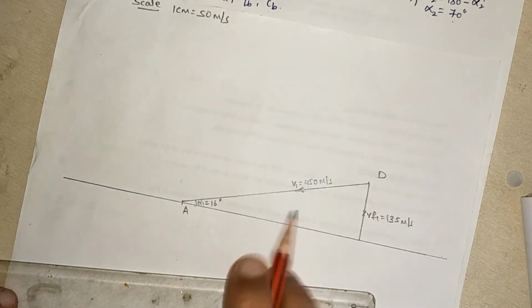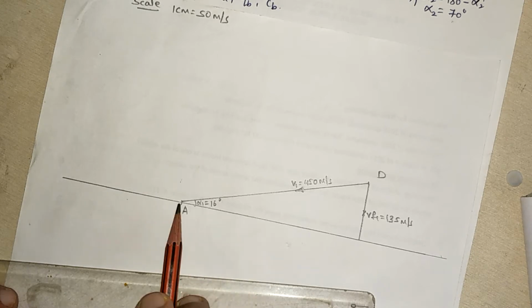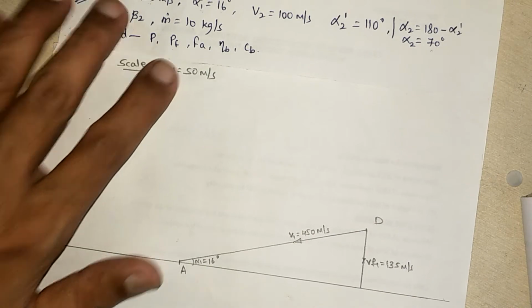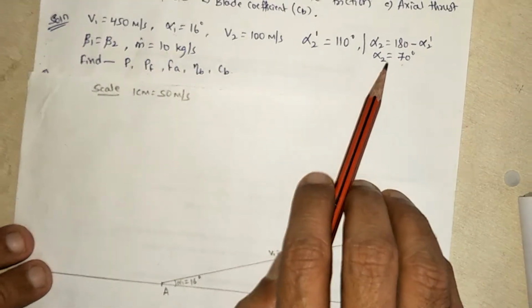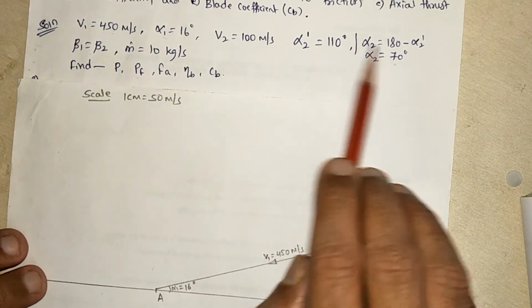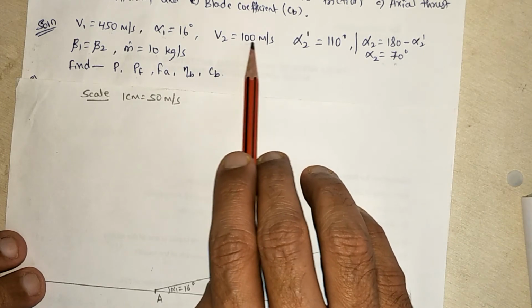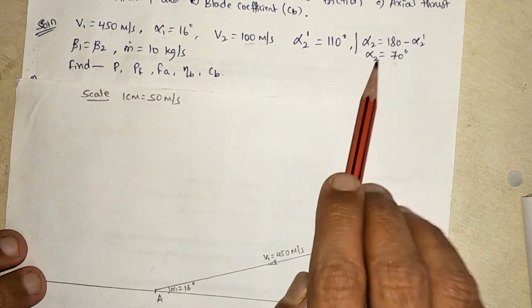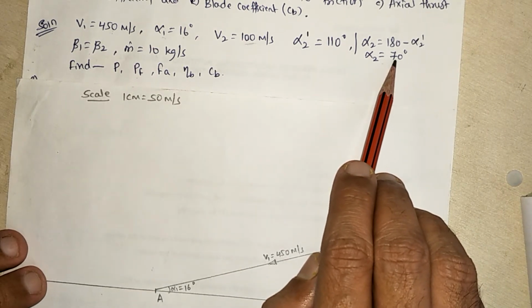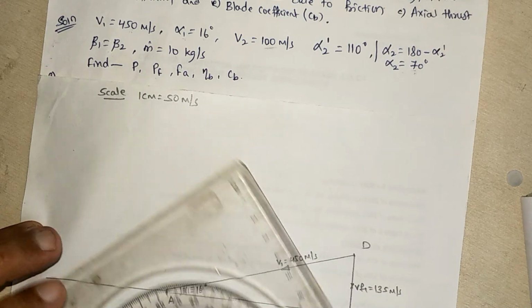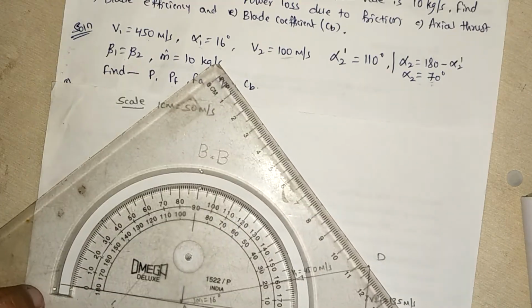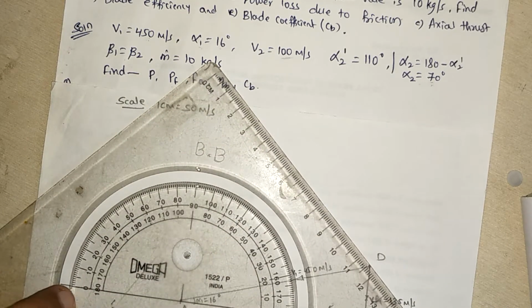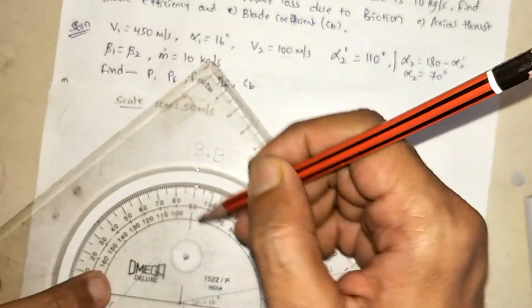So we obtained the value of vf1, but we don't know point B, that is the value of u we don't know. Whereas the v2 value we know, and we also know the alpha 2 value. Alpha 2 is 70 degrees, and the magnitude of v2 is 100 meters per second. So from point A, locate angle alpha 2, that is 70 degrees, as you can see here.